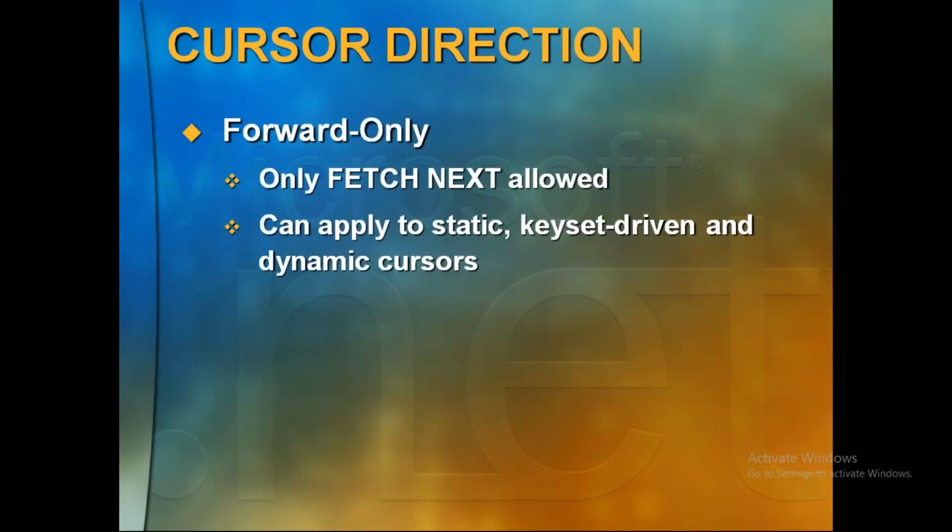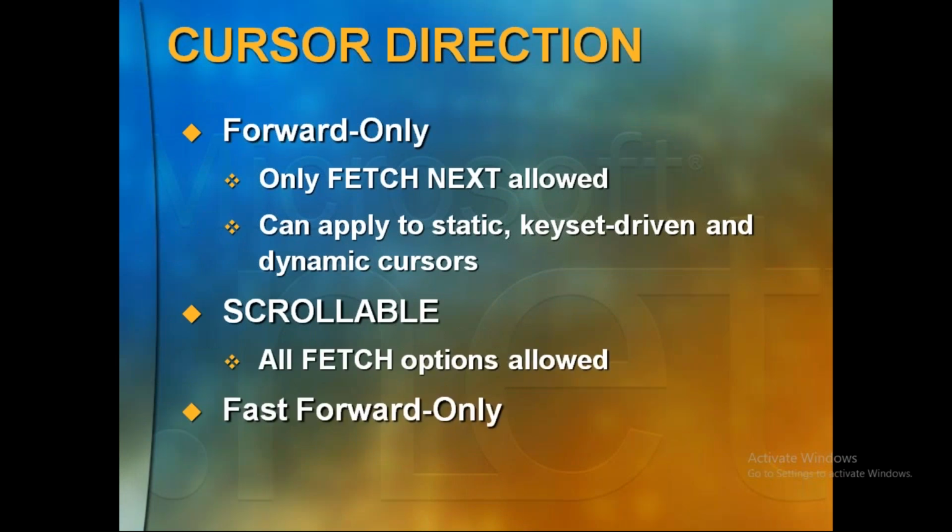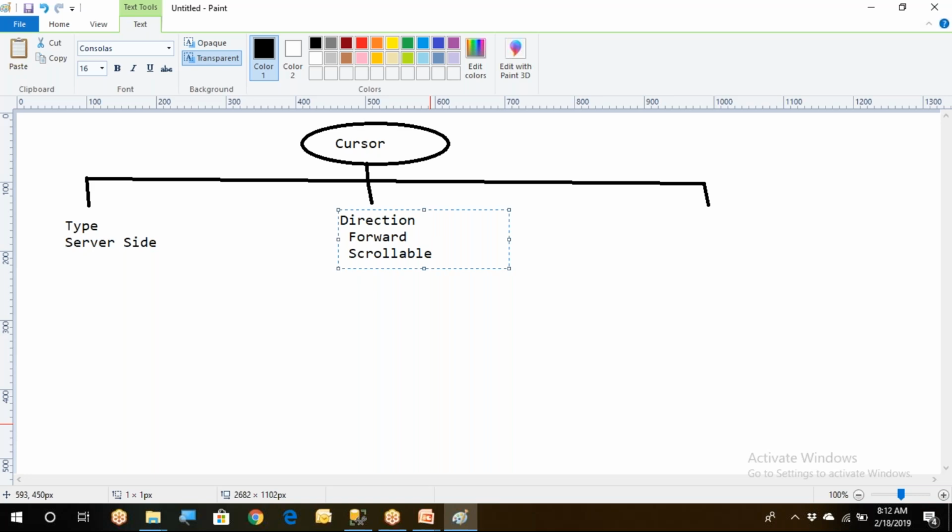Cursor direction: forward only, scrollable cursors, and fast forward only. These are the three things we have. Forward only is one direction, the second is scrollable cursors, and the third is fast forward only cursors.